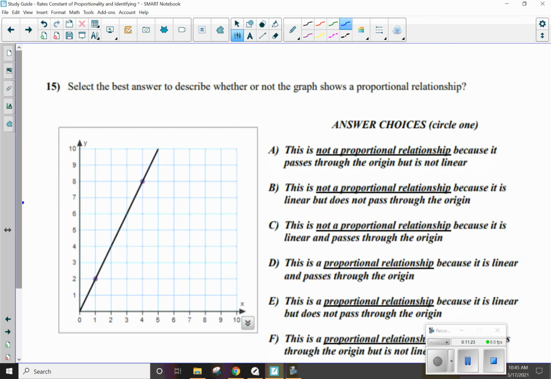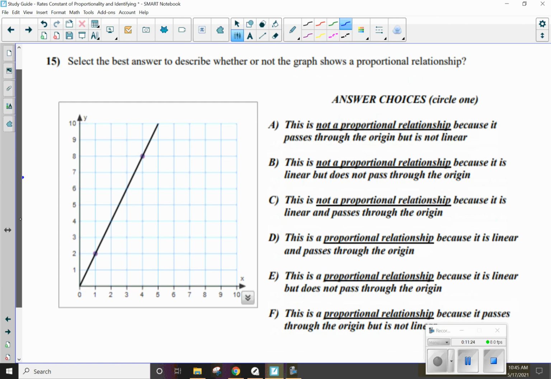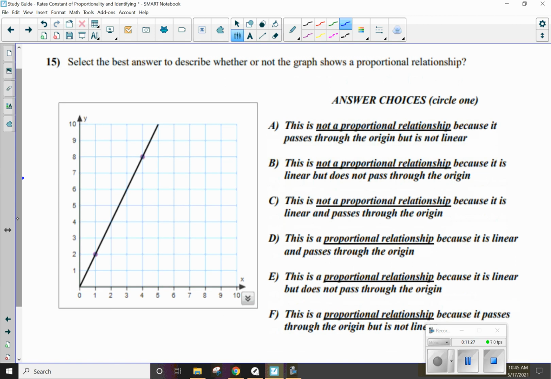Question 15 says, select the best answer to describe whether or not the graph shows a proportional relationship. Now, we should know by now that in order for something to be proportional on a graph, it needs to start at the origin. It needs to be linear, which means it's a straight line, and your constant of proportionality needs to be the same for all points on your graph. So I can see I have a point here at 1, 2, and I also have a point here at 4, 8.